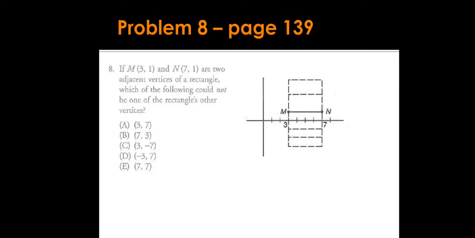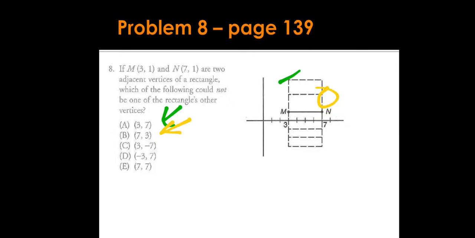We take a look at the first point, which is (3, 7). Now, (3, 7) is a point that is up here, so it could be another vertex. We take a look at the second one, (7, 3), which could be a point here, which is also possible.